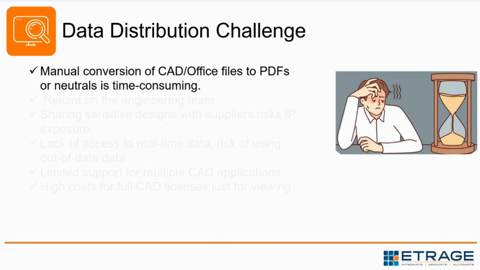First one being that manual conversion of CAD data, like your DWG and DXF, from tools like AutoCAD and Creo, or Office documents such as Word and Excel to PDF, or neutral formats like IGES and STEP files, can indeed be very time-consuming, especially when you're dealing with a very large volume of data, complex drawings, assemblies with many references, and batches of files in general. This is a common pain point in engineering and manufacturing workflows.